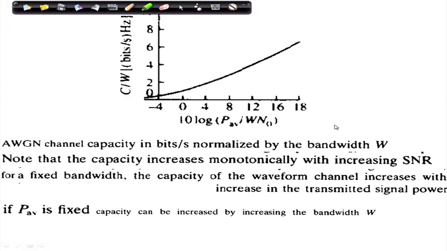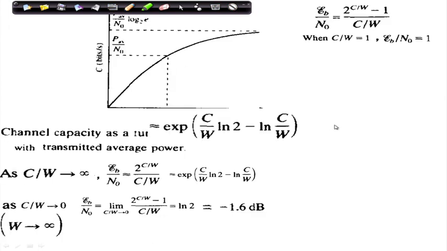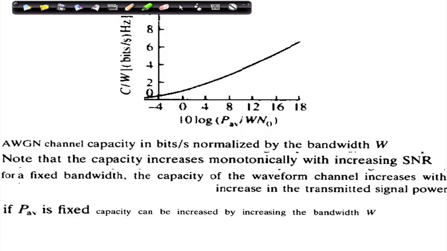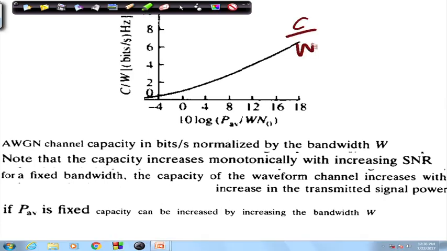The next important result that we have is the situation when we keep on increasing W. If we check this expression, C upon W is equal to log base 2 of 1 plus gamma, we stated that if we keep on increasing gamma, you keep on increasing C, if I keep W constant.